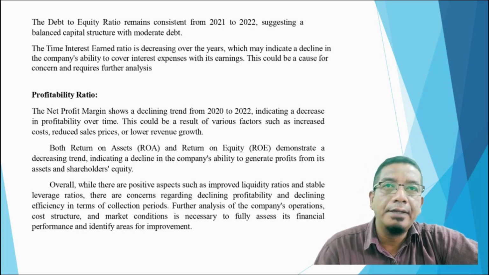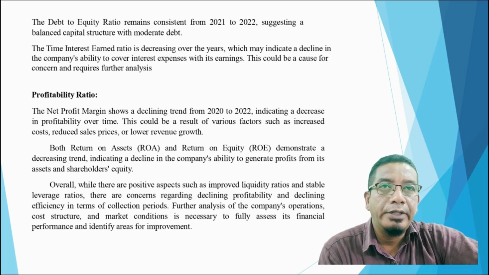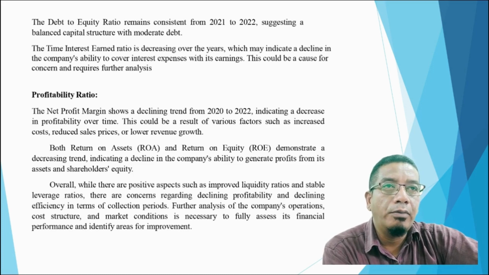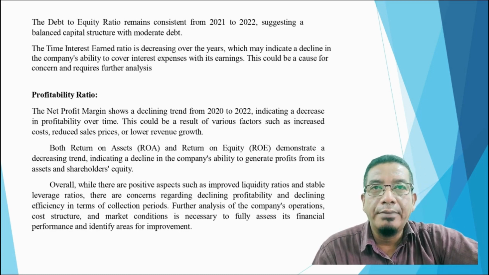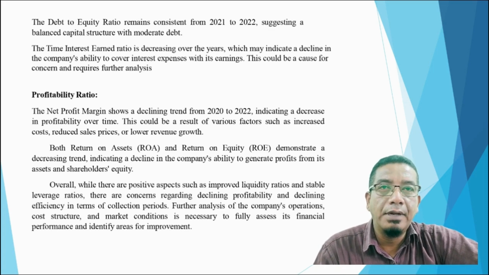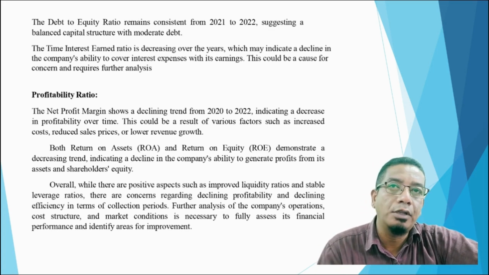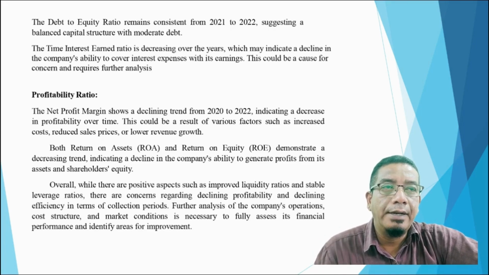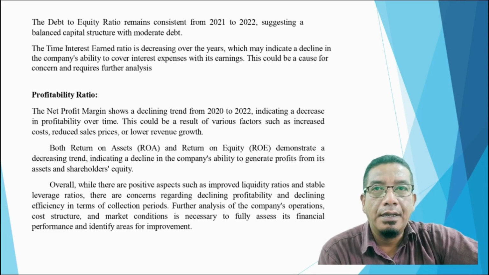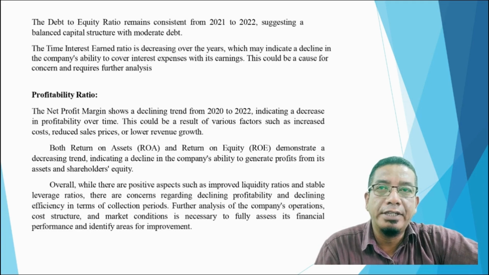Both the current ratio and quick ratio show an increasing trend from 2020 to 2021 and remain relatively stable in 2022. This indicates an improvement in the company's ability to meet its short-term obligations.